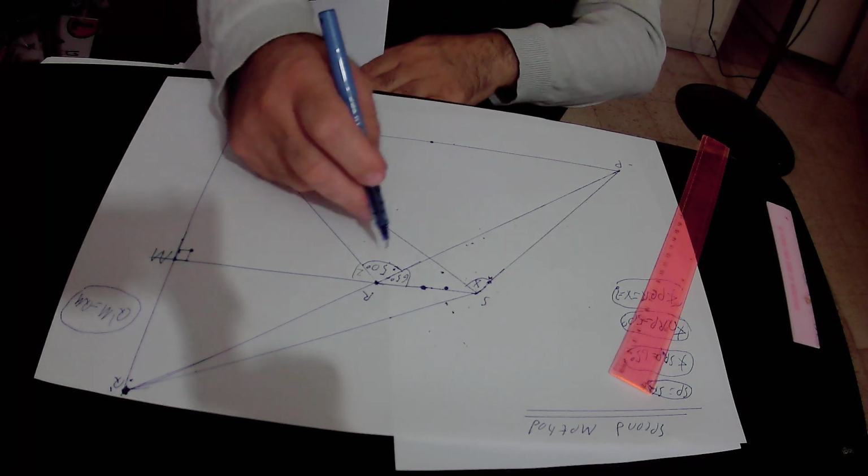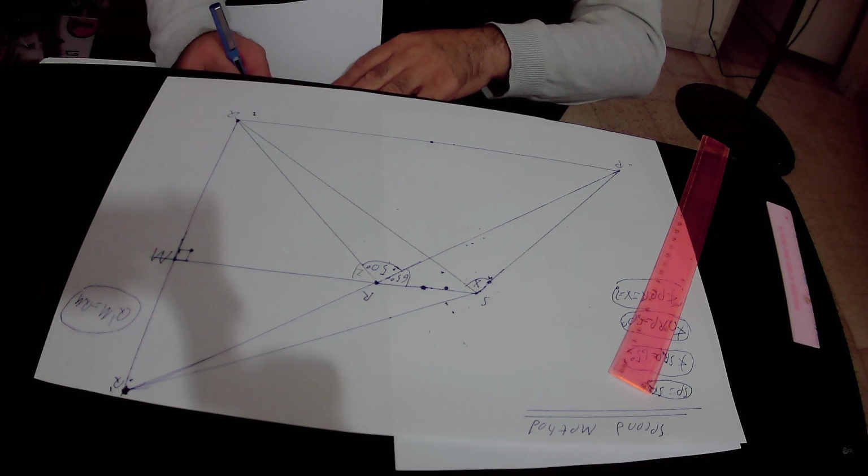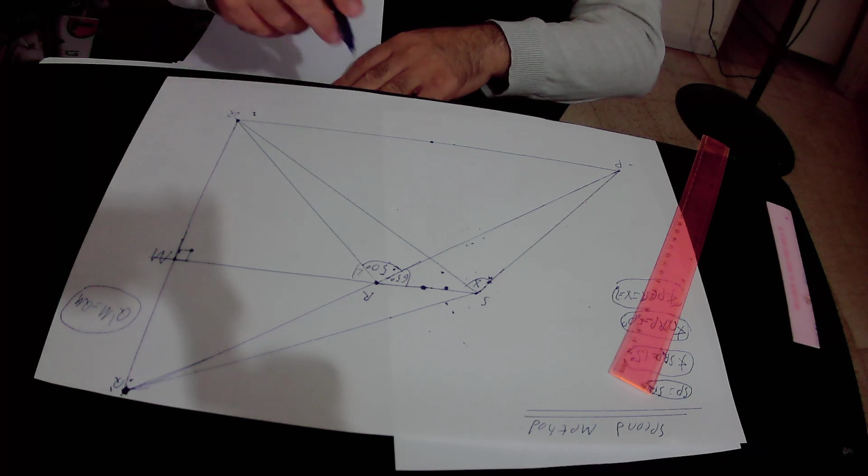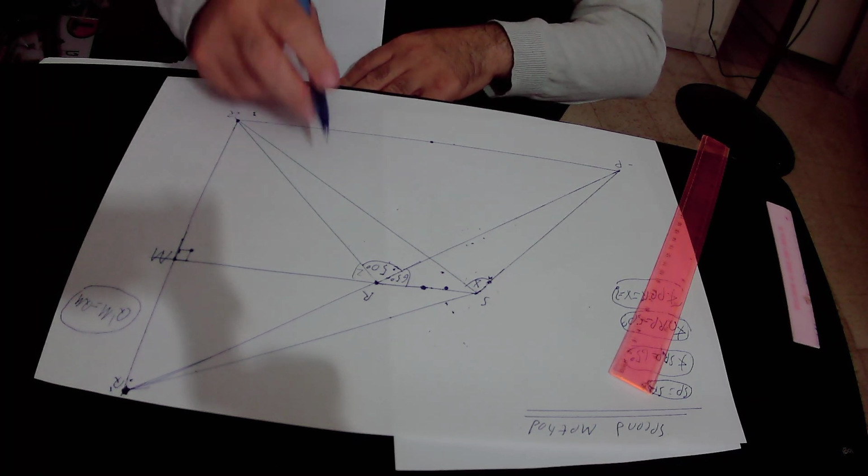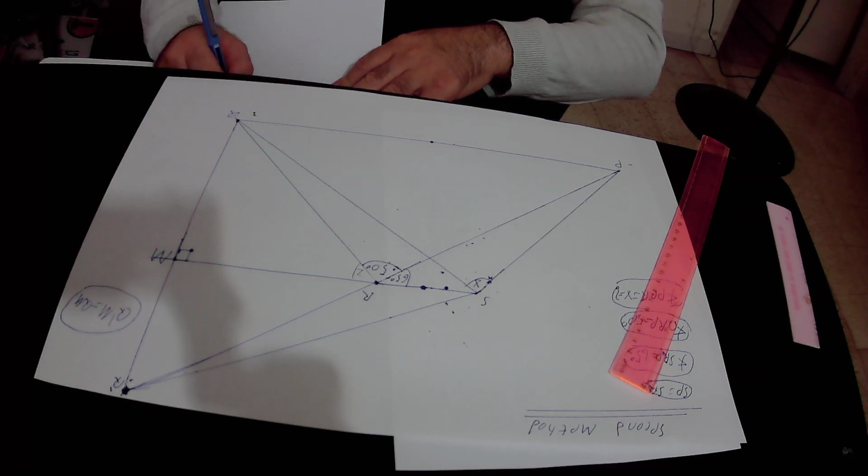That is to say 65 degrees plus 50 degrees plus the size of angle Z must be equal to 180 degrees according to rule number 1.